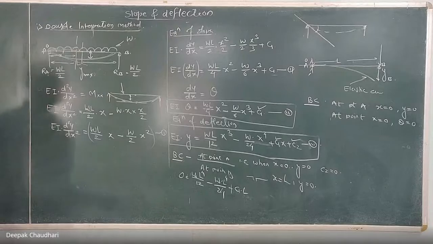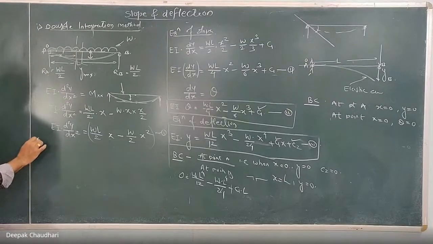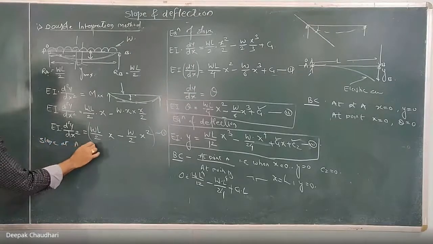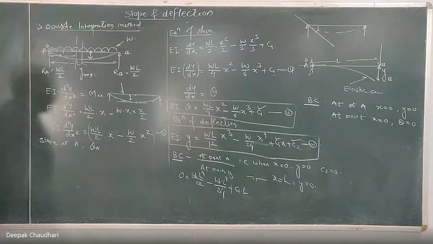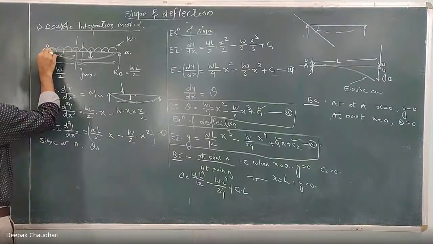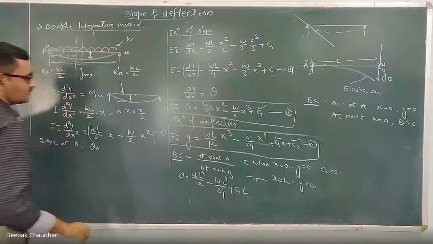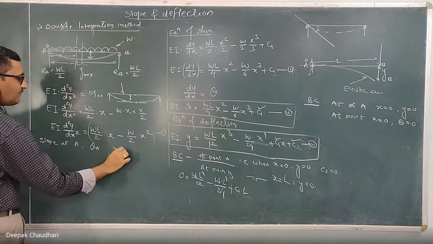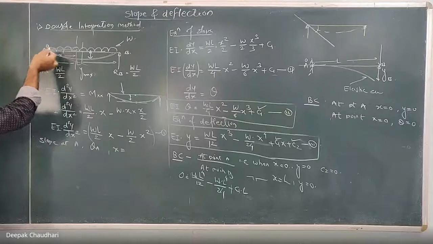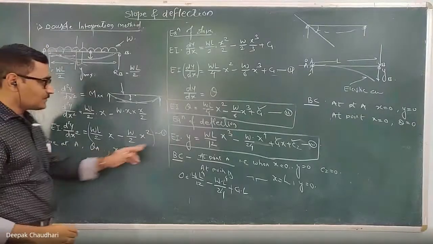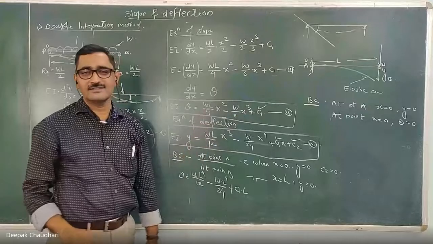Now suppose I want to calculate the slope at A, that is, I have to calculate theta suffix A. Now A is the point, so I am going to use this equation. To calculate the slope at point A, substitute the value of x. At point A, which we have considered as the origin, x equal to 0. So substitute x equal to 0 in this equation.